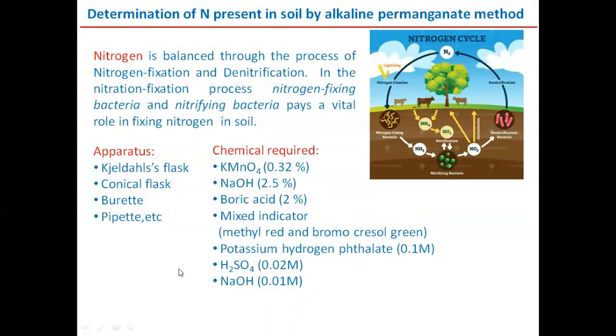So we know now how nitrogen is balanced, we know now how nitrogen is fixed in the soil. So our job is to determine how much percentage of nitrogen is present in the soil by using alkaline permanganate method. So here are the apparatus required for the determination, and here are the chemicals required for the determination part.